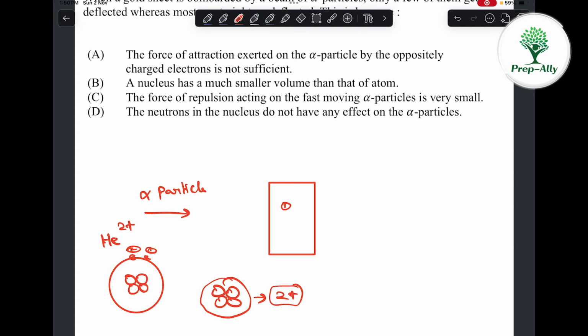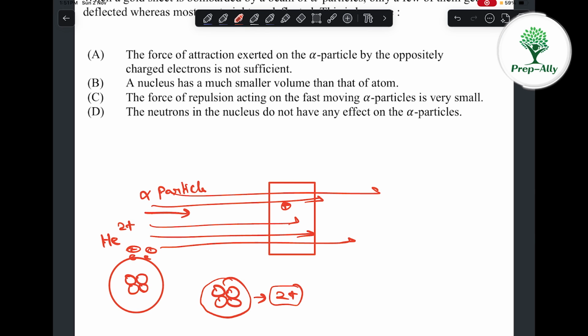Because of this, whatever atoms it is meeting on the way will have a nucleus of positive charge, and this alpha particle will get deflected due to the repulsion from the protons. But the problem is, in Rutherford's experiment, 99% of all the alpha particles crossed the gold foil without deflection, which means the chance of meeting the nucleus of the gold foil atom is very less.